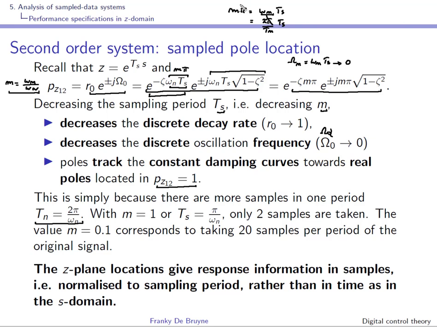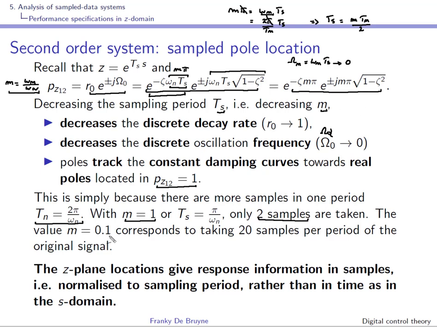We can cancel out the pi, so ts here is m Tn over 2. So for instance, if you have m is equal to 1, then you have 2 samples in one period.